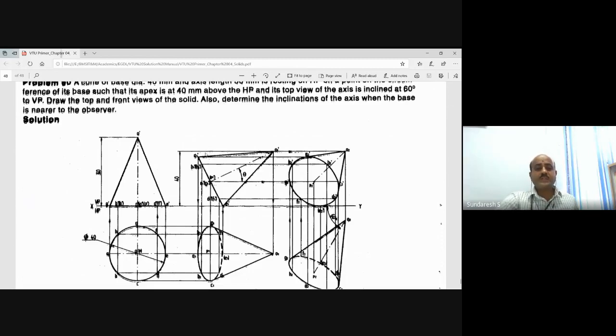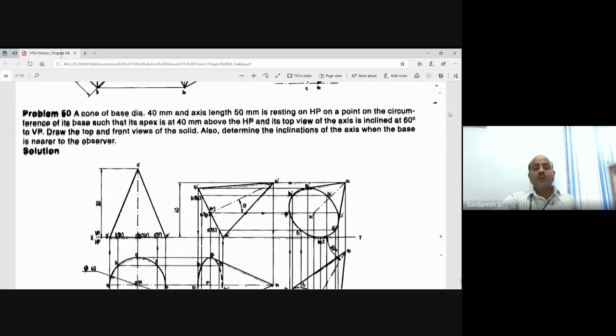Now what it says is it is resting on HP on one point of the circumference of the base such that its apex is at 40 millimeters above HP. So now you have to tilt the cone.